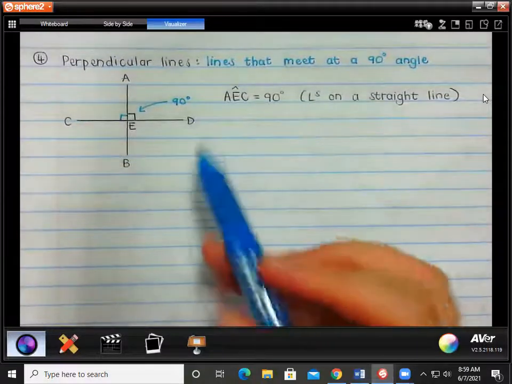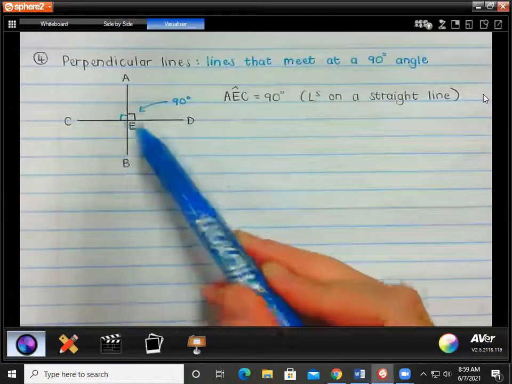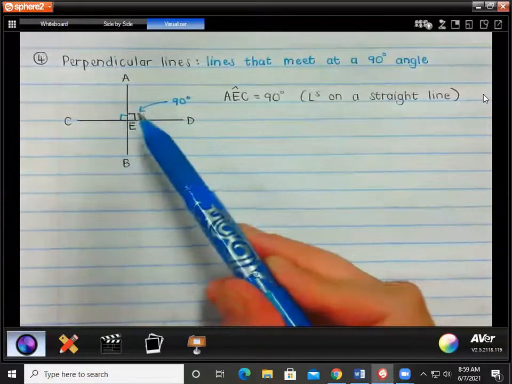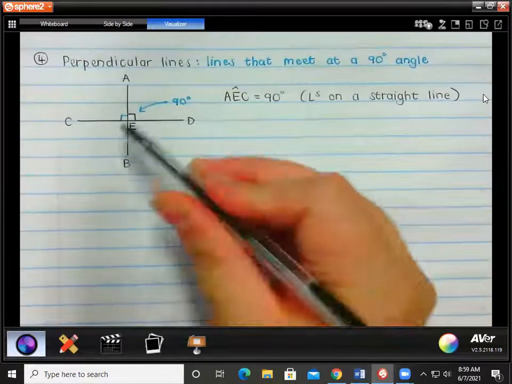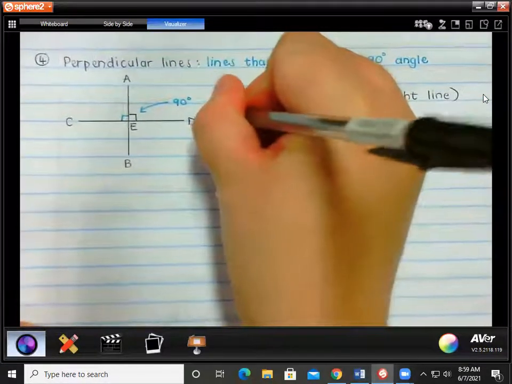Right, then we said that for BED or DEB, we're also using angles on a straight line if we're working with that straight line, hey? So BED is also 90 degrees.